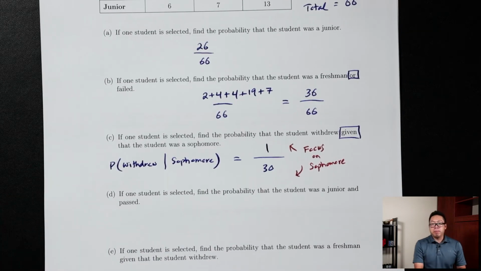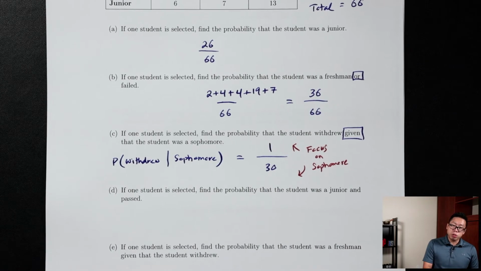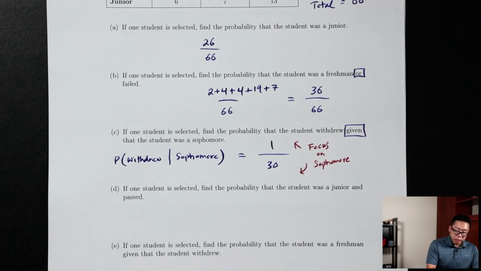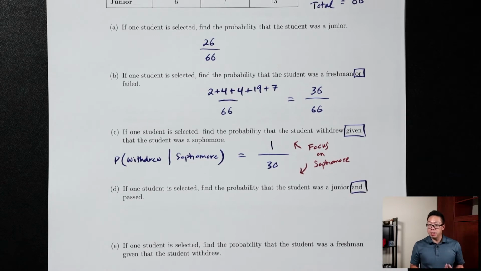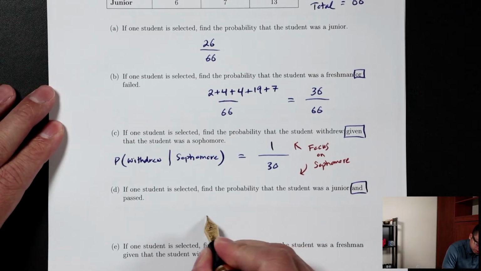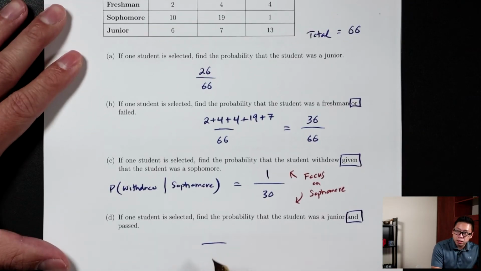Part D, if one student is selected, find the probability that the student was a junior and passed. Keyword and. So and, remember, means at the same time. The bottom here is going to be everybody, which is the 66.